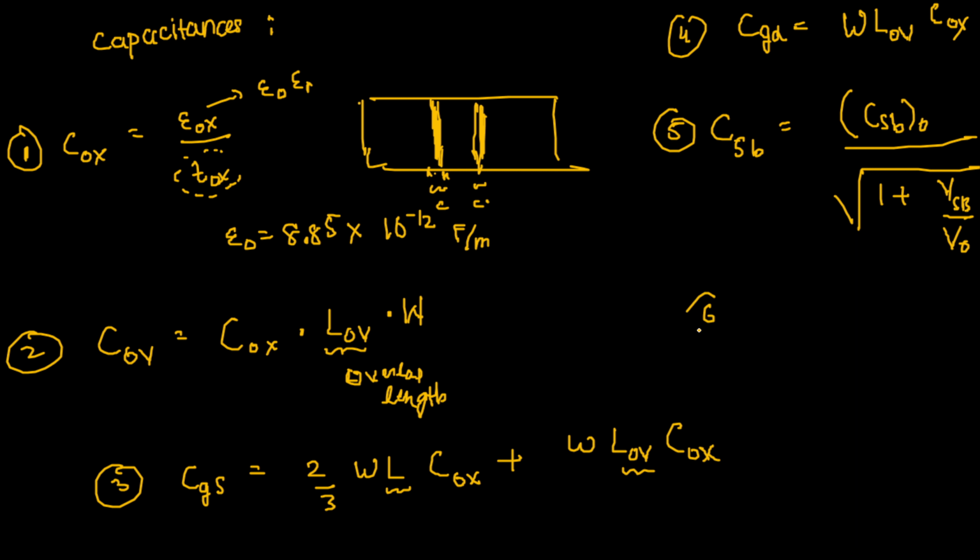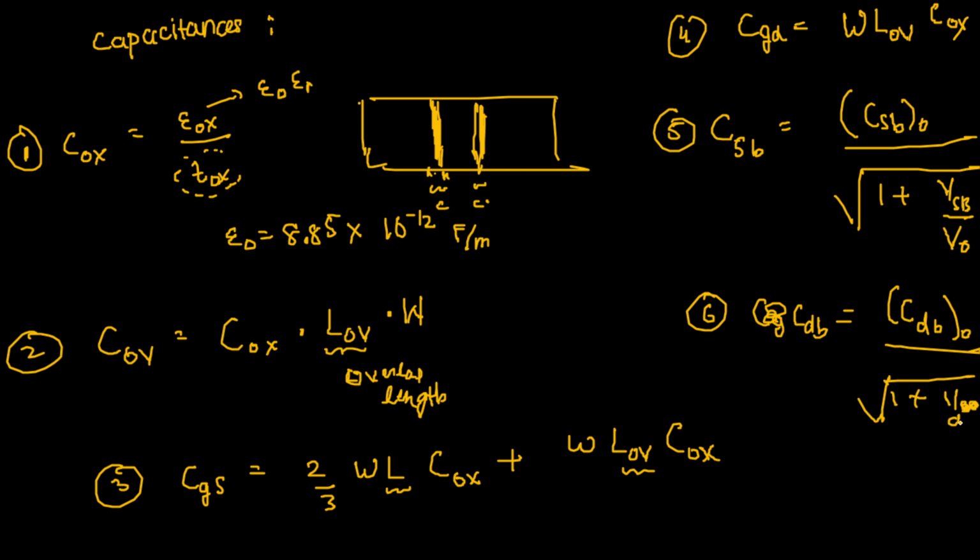And similarly for the drain bulk capacitance, we have CDB0 over root under 1 plus VDB divided by V0. Basically the same formula as here, but instead of source you write drain everywhere, right?